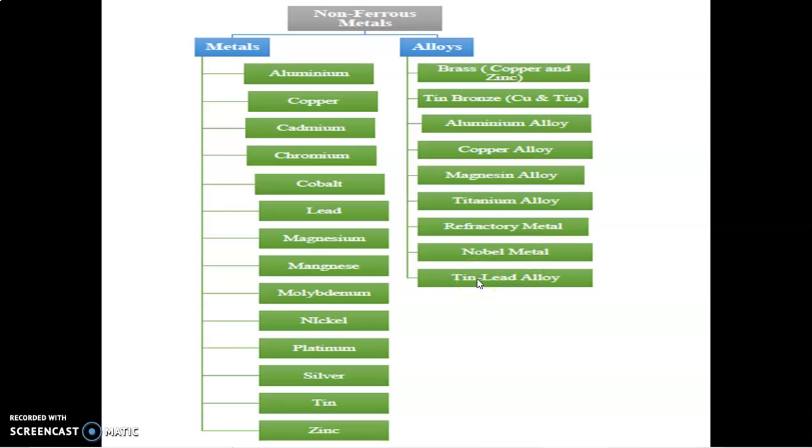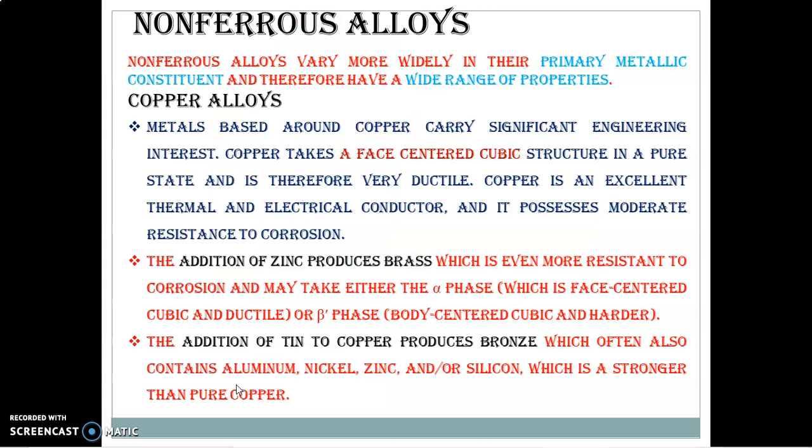So here in non-ferrous metals, from aluminum to zinc, iron is not present, but these non-ferrous metals have wide application areas. So we will take a brief look at the non-ferrous metals and non-ferrous alloys.